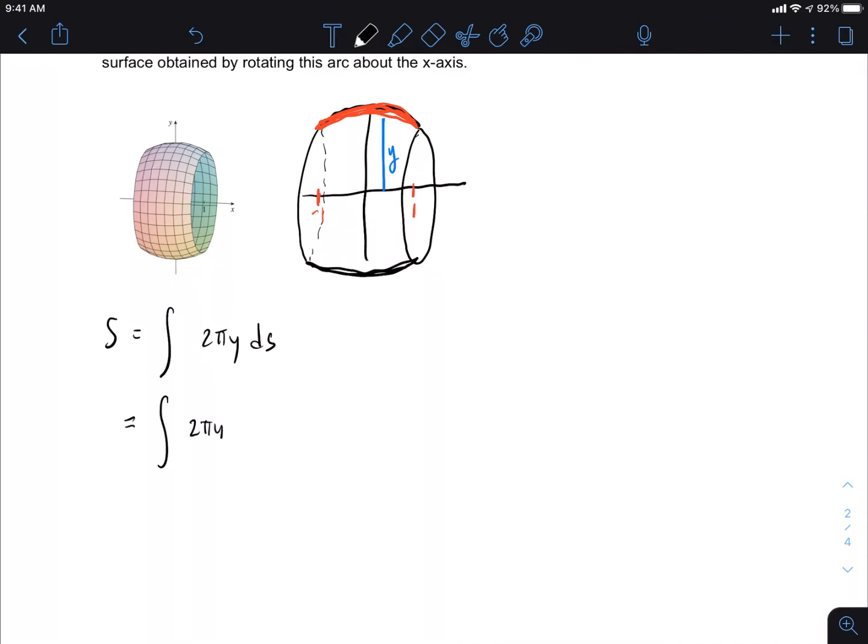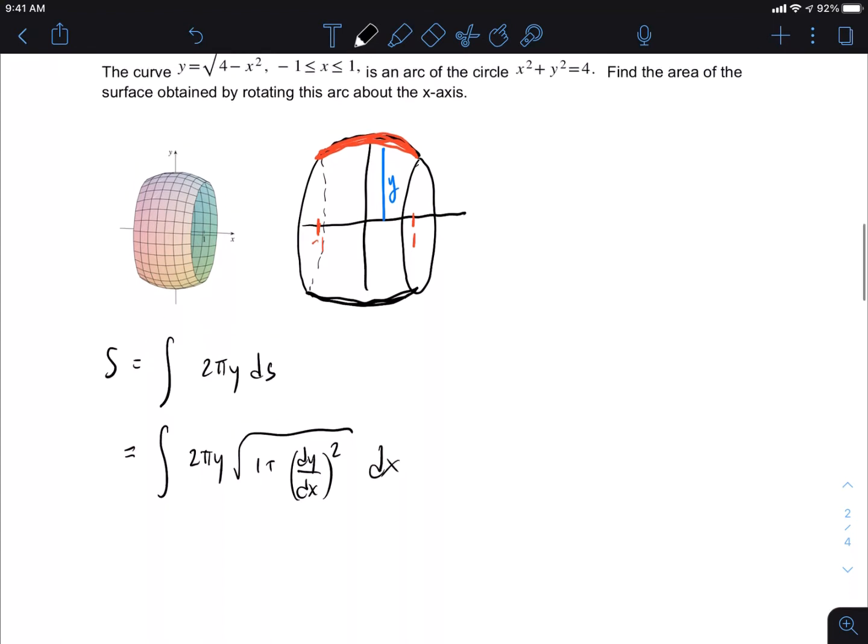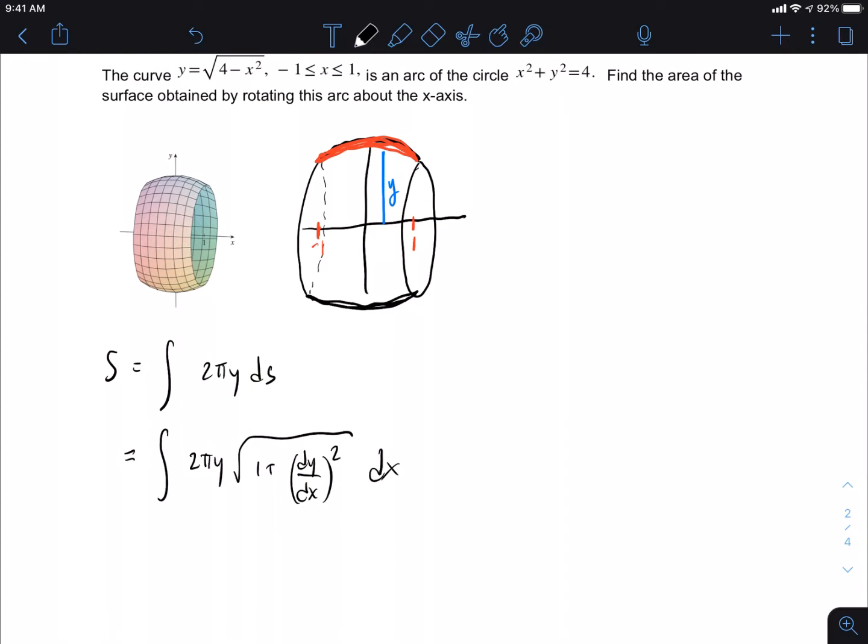It's going to be 2 pi y root for the arc length, 1 plus dy/dx, quantity squared, dx. Right? Now, I'm going to do some side work just to make this clean for me. I know that y, since I'm doing it in terms of x, I don't want to do implicit differentiation and whatnot. So I can substitute for y, can't I? What is y in terms of x?